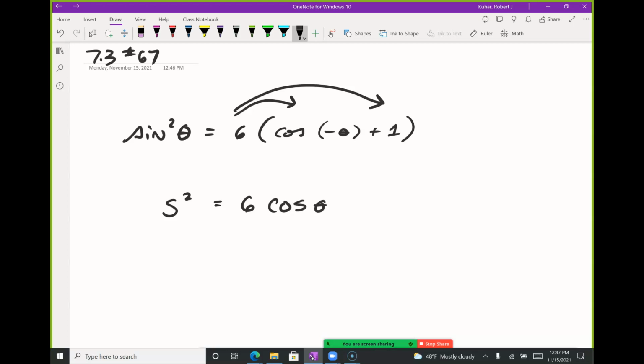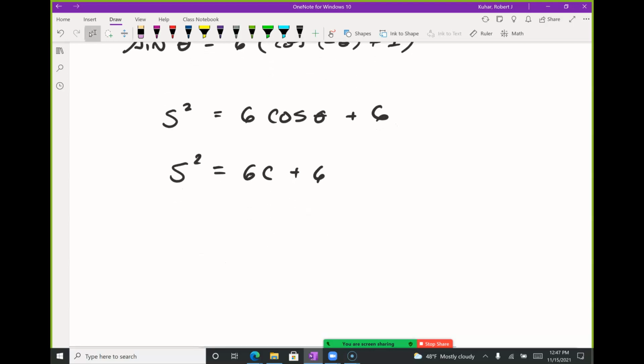Cos is even, so cos of theta is the same as cos of negative theta. So I'm sorry, sine squared equals 6 cos plus 6. And this looks like a quadratic to me if I change my sine squared into 1 minus cos squared. I'm going to make it into a quadratic, moving everything to one side, right?